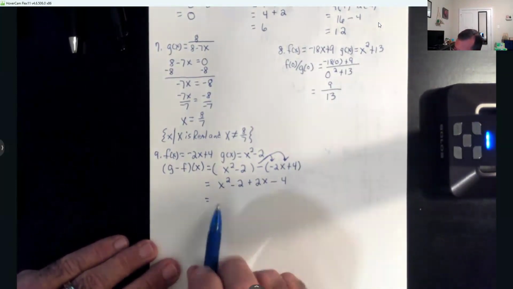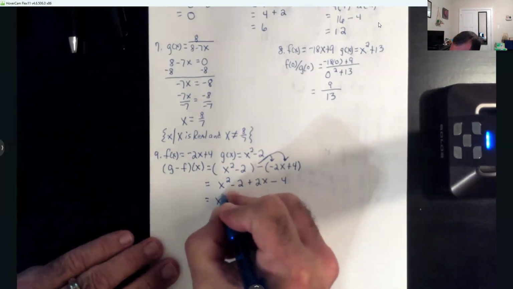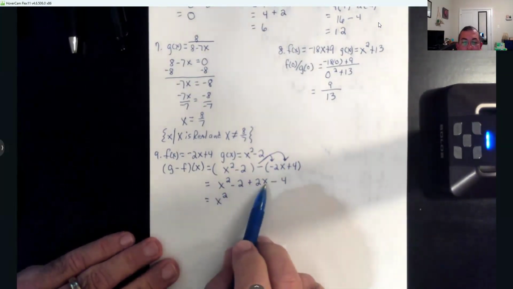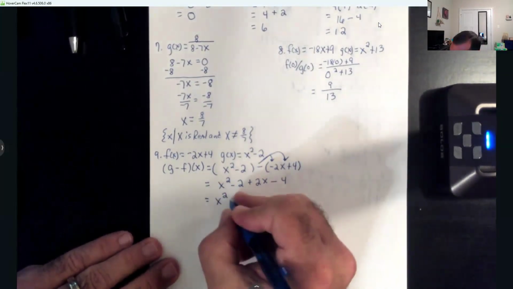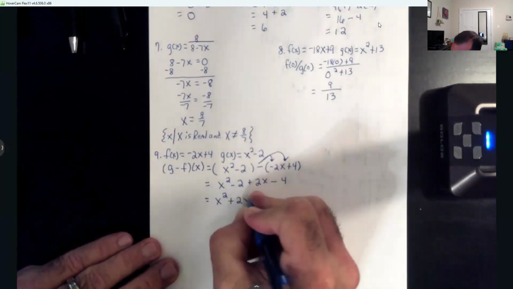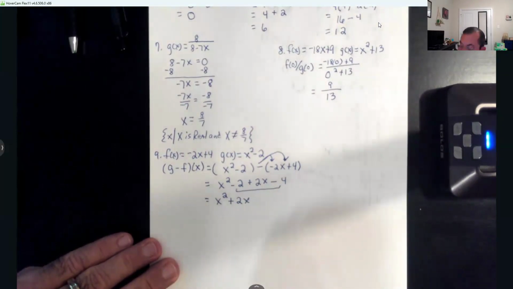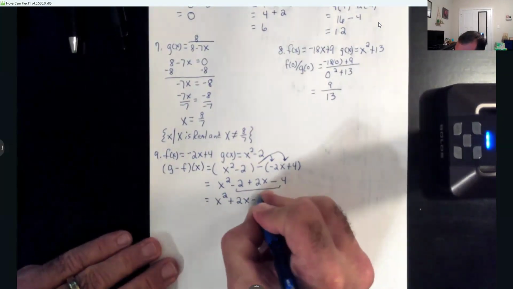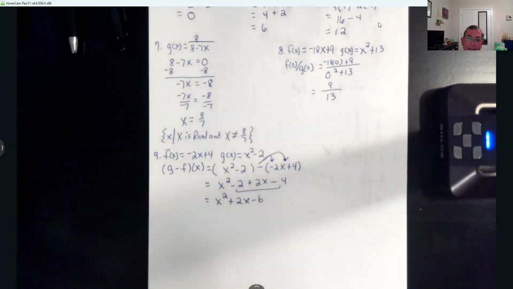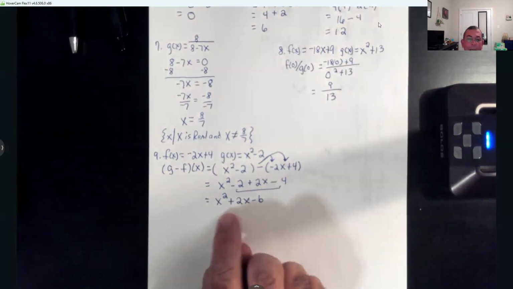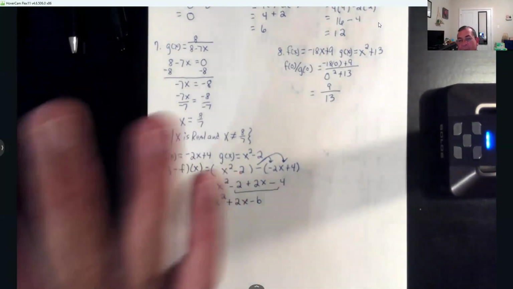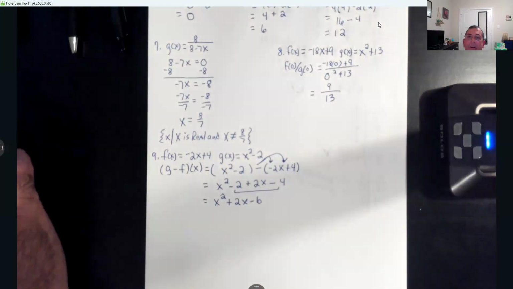I'm going to put my x squared first. Then I'm going to come in and grab that plus 2x. Then I'm going to add that negative 2 and that negative 4 and get a negative 6. At that point, I have no more like terms, so I'm done with my answer, okay?